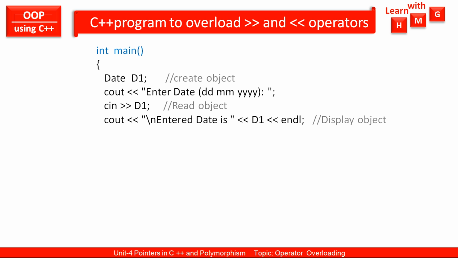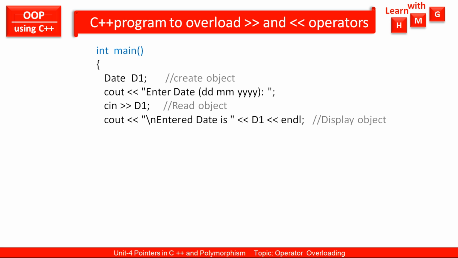Then let us display the value of this object using the insertion operator. So cout insertion operator, then \n enter date is. So let us display the date d1. Directly here d1 is there, and then end of line. Generally we display the value of data members of the d1 object as d1.putData or d1.display. Such member functions we call using the dot operator.